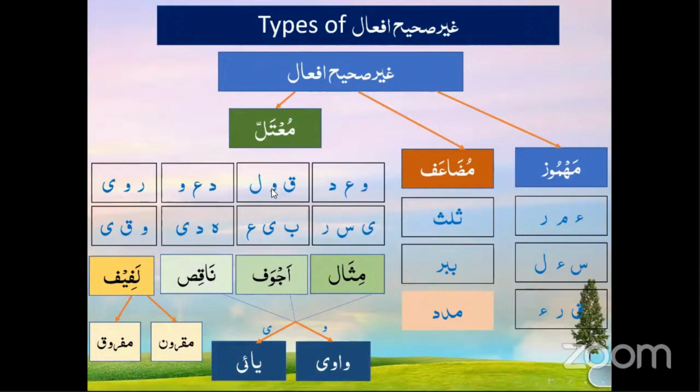Over here, where is the waw kalima? In the ayn position. So we're going to call it ajwaf wawi, and this is ajwaf yai. Over here, it's in the lam position, waw and ya. We say naqis wawi, naqis yai.